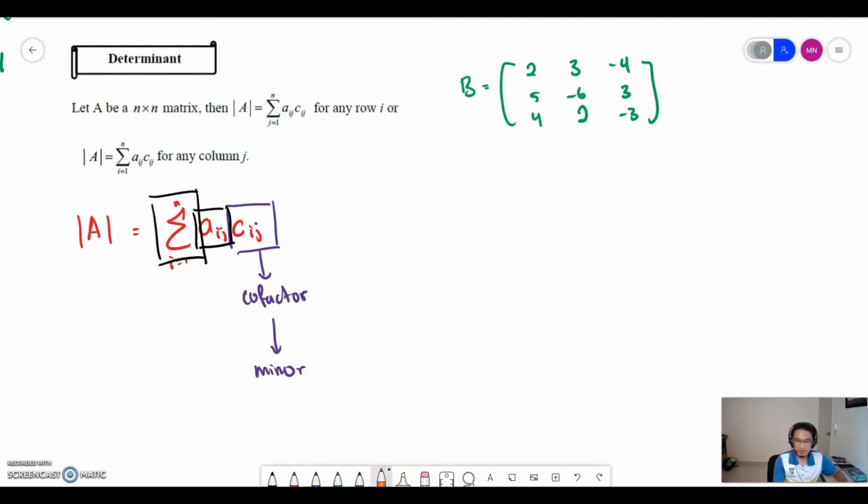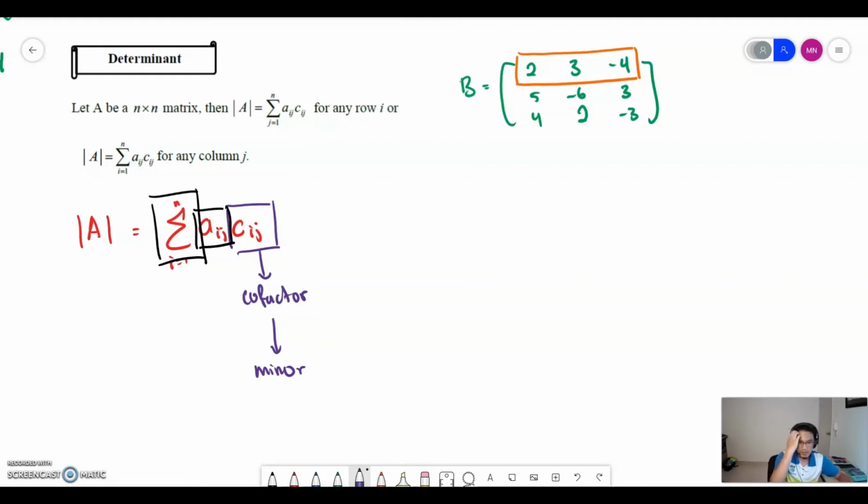Let me show you an example for matrix B. Let's say we want to find the determinant for matrix B. In order to find the determinant, you can choose any row or any column from the matrix, to be used to find the determinant. For this example, I would like to choose the first row, which is 2, 3, and negative 4.